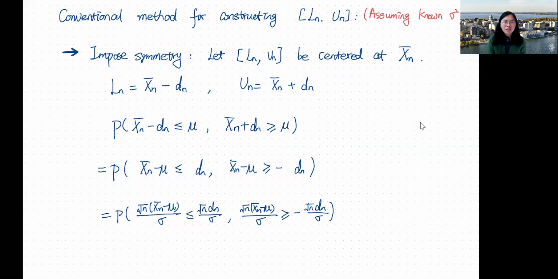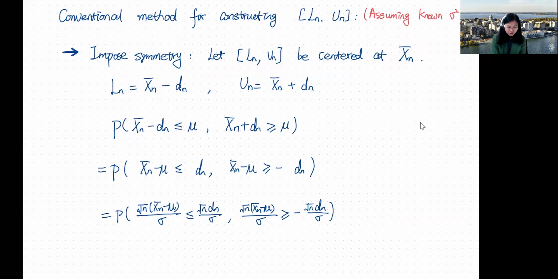So what does symmetry mean here? Symmetry means that this interval is centered at the parameter estimator, the point estimator. That is, the interval is symmetric around the point estimator. That makes sense because the point estimator is our point guess of the population parameter value. It is reasonable to require that our interval guess be an interval around this point guess.